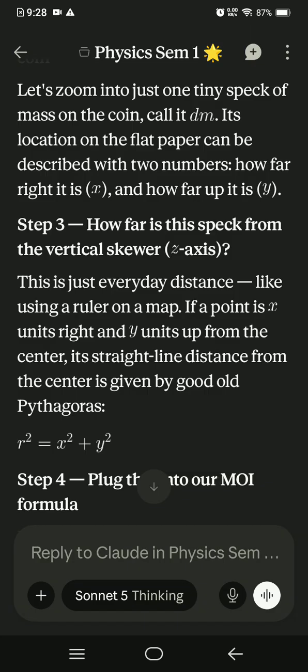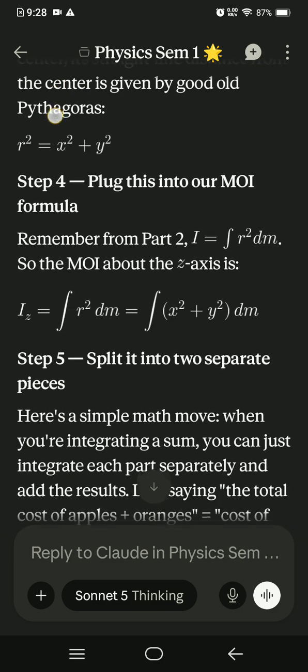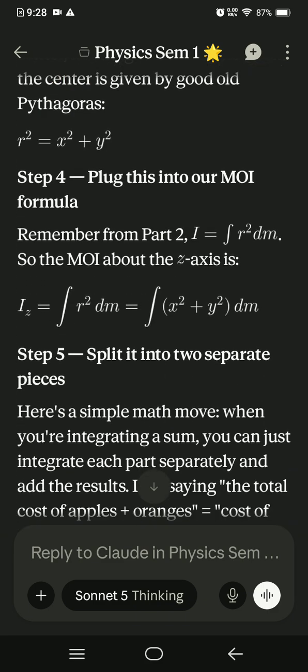If a point is x units right and y units up from the center, its straight line distance from the center is given by good old Pythagoras theorem. Plug into our MR squared formula. So now r squared is basically x squared plus y squared.